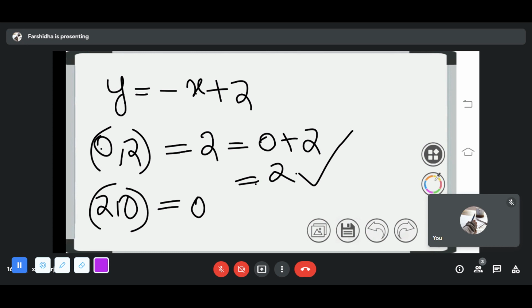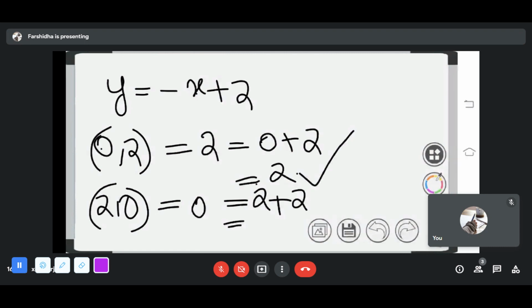Put y equal to 0, x equal to 2. 2 plus 2 is 4.